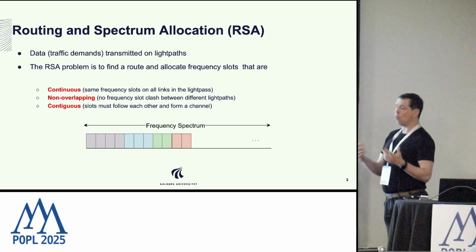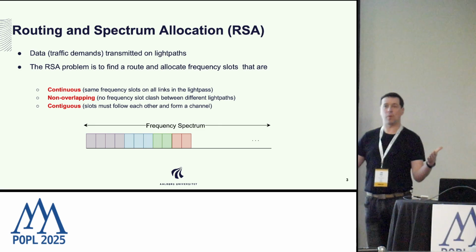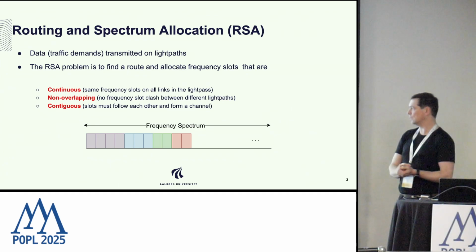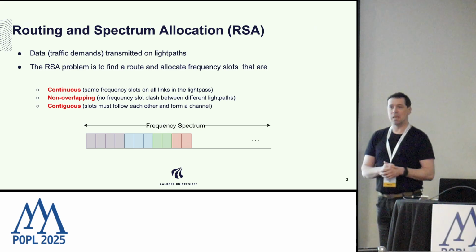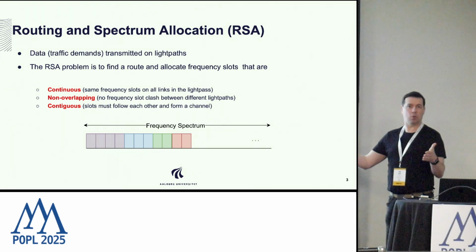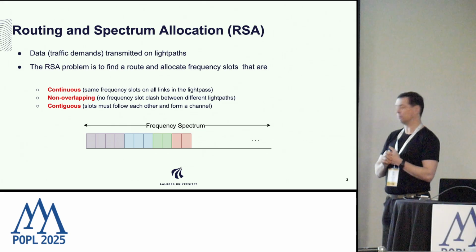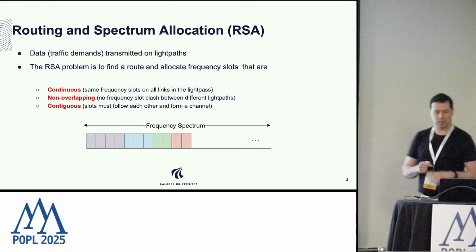It has to be non-overlapping, which means that if I have two different light paths and they share the same link, they cannot share any of the frequency slots. And finally, it has to be contiguous, which means that if you need 10 slots, for the size of the demand, they have to follow each other. You cannot make gaps in between. So here is an example of how a possible allocation can look.